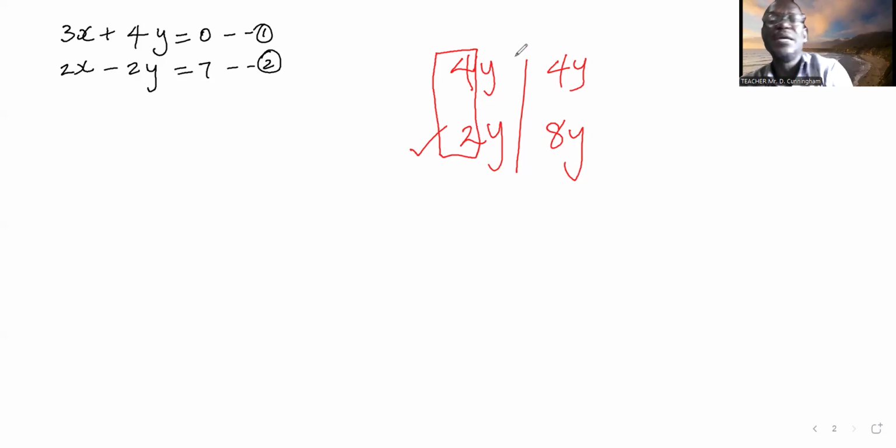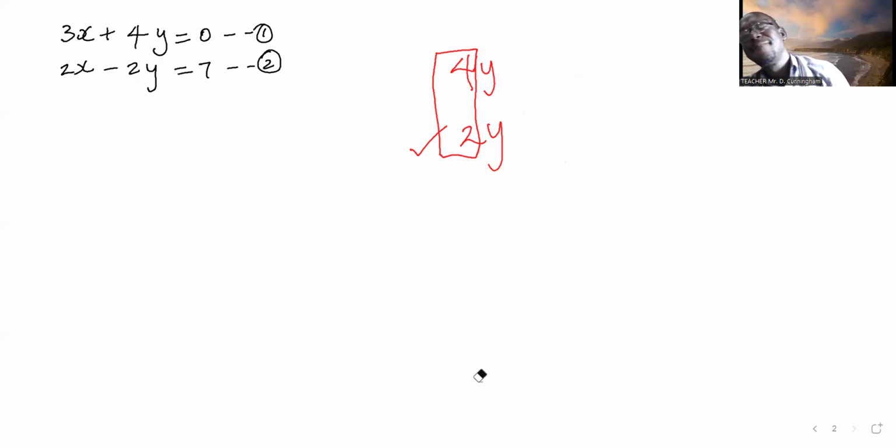You're multiplying something by something to make the coefficients the same. What are we going to do? I'm helping you with that part. How do we make the numbers the same? We're not taking away, we are multiplying something by something. Antonio, what are we multiplying by what?